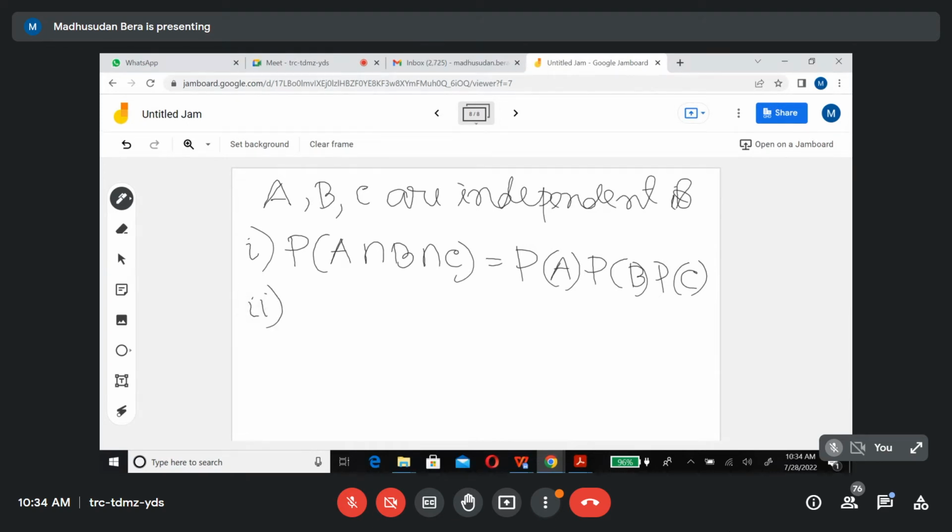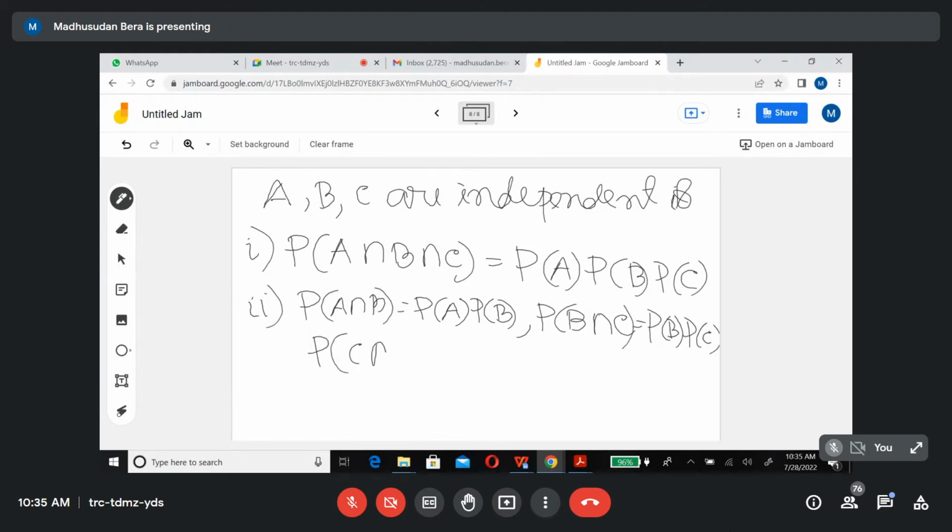If we take two events at a time, then P(A intersection B) is P(A) P(B). So what are the pairs? AB, BC, CA. P(B intersection C) is P(B) P(C). P(C intersection A) is P(C) P(A).